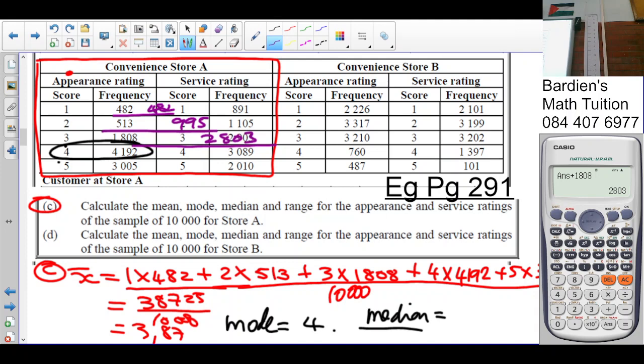Which person are we looking for? The person standing at 5,000 and 5,001. Not so. At the end of this class, how many people have I considered? So you say plus 4,192.